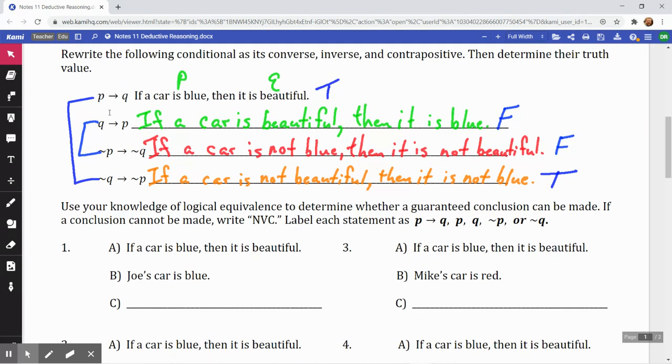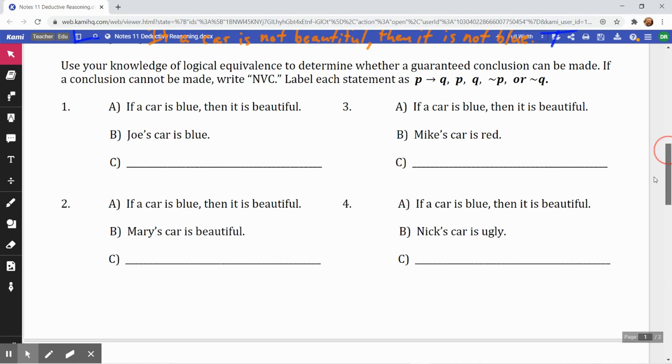So again, if we're given a condition such as this that starts with P and ends with Q, the conditional will be considered true, but the only other statement that is also guaranteed to be true is the contrapositive that can be made. These other two, the converse and inverse, could be true. They're just not a guarantee. And we only want to make claims that are guarantees with deductive reasoning.